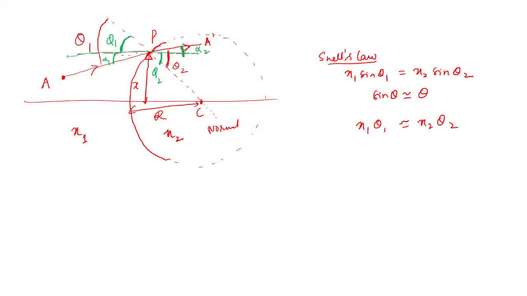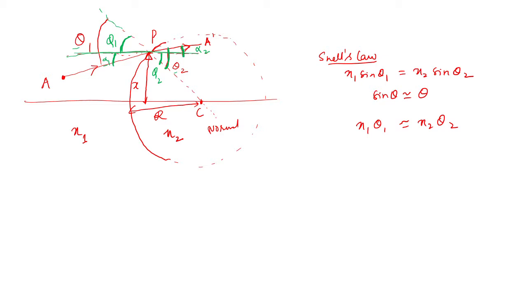So get the angles right. The angle between the incident ray and the normal is theta 1. The angle between the incident ray and the horizontal passing through P is alpha 1. Phi 1 is the difference between theta 1 and alpha 1. Same thing with theta 2, that is the total refracted angle between the ray that is refracted and the normal.